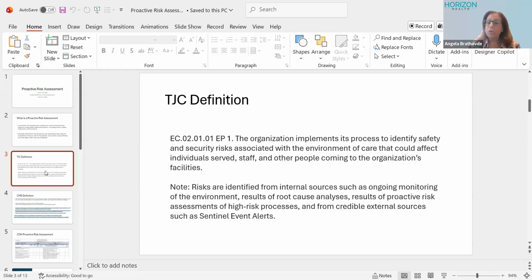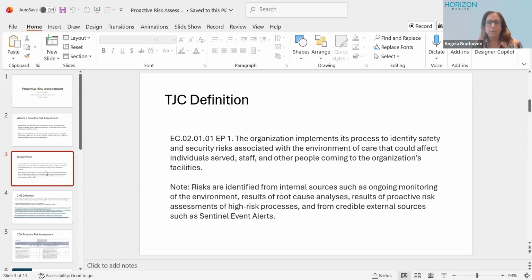Risks are identified from internal sources such as ongoing monitoring of the environment, results of root cause analyses, results of proactive risk assessments of high-risk processes, and from credible external sources such as sentinel event alerts.